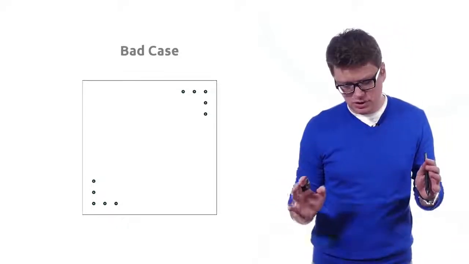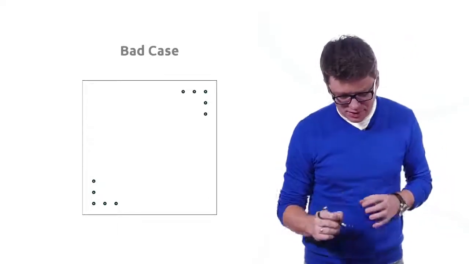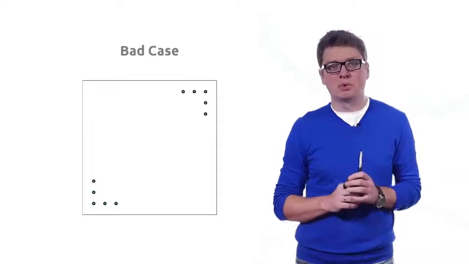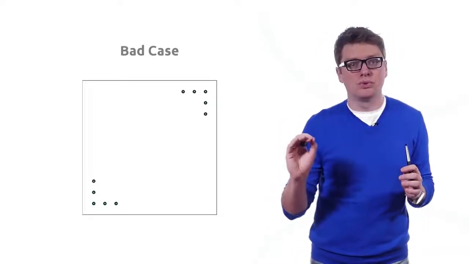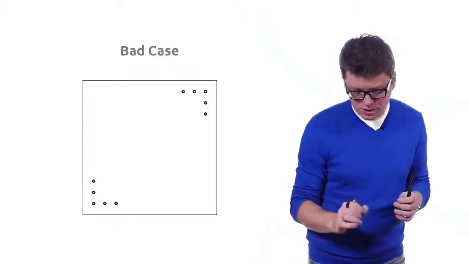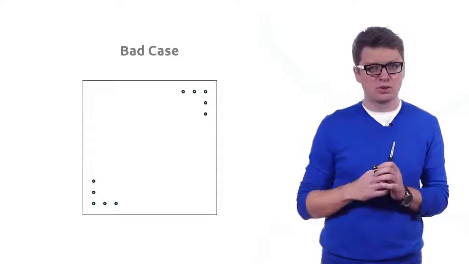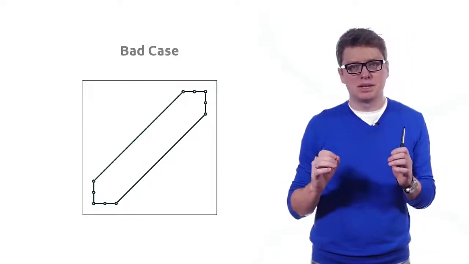Probably a more interesting example is the following. Consider this simple data set. We have a bunch of points at the bottom left corner, and a bunch of points at the top right corner. For this particular example, it is not difficult to convince yourself that the best cycle looks like this.